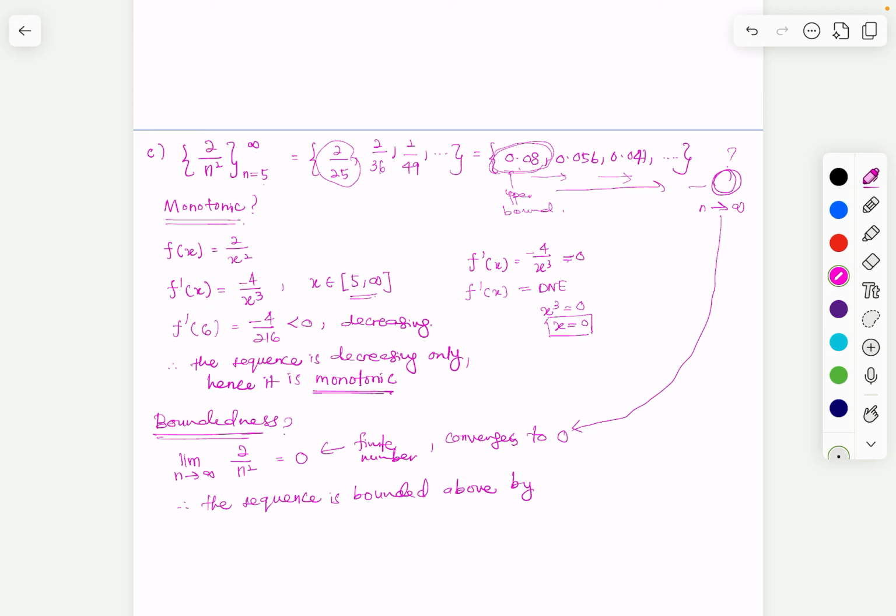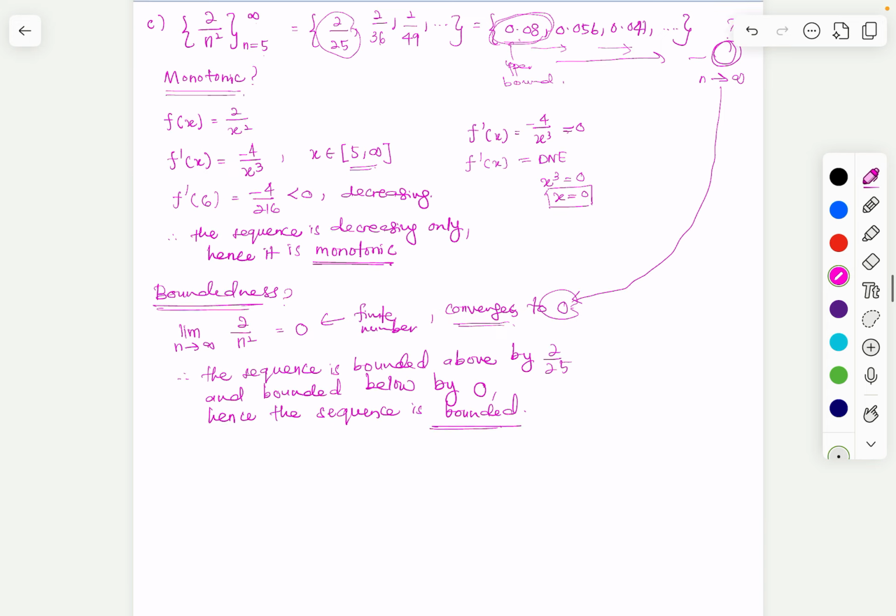So the sequence is bounded above by 2 over 25 and bounded below by 0, since the terms go to 0. Hence, the sequence is bounded. And we can conclude that the sequence has a limit of 0 and is also a convergent sequence. Okay, this is for C.